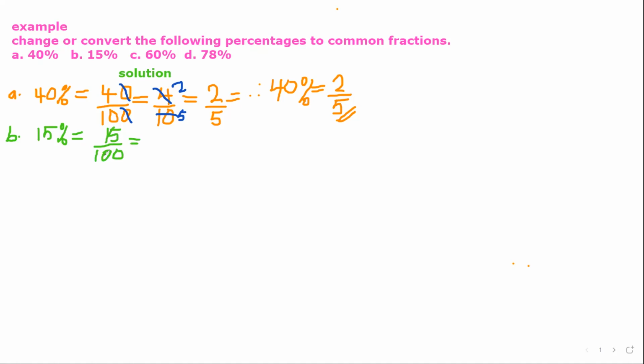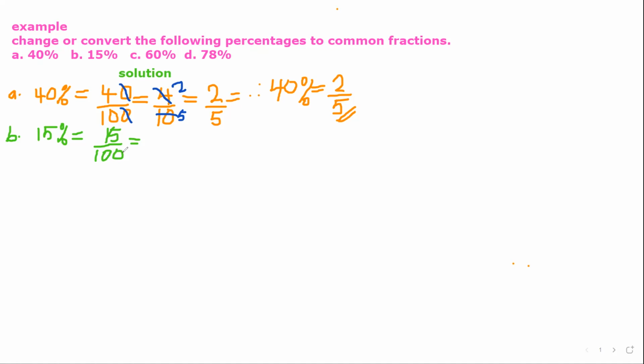And we have 15 over 100, which is a fraction, but you need to break it into its simplest form. Now we have 15, the last number here is 5, and the last number of the 100 here is 0. And any number that ends with 5 or 0 is divisible by 5.